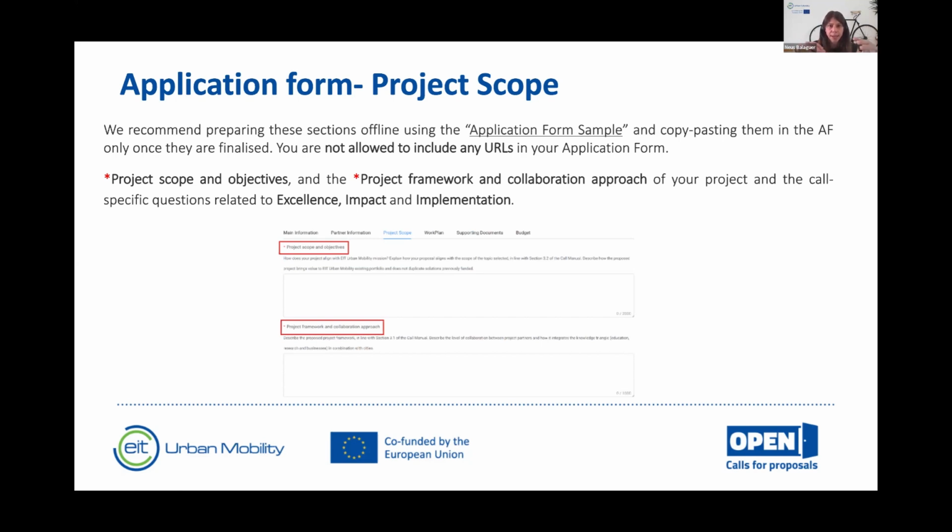But what can help you a lot is to see what the evaluators are going to assess, in order to give them the proper information, so that when they are assessing they see that you already covered it and answered the required information related to the implementation of the project.